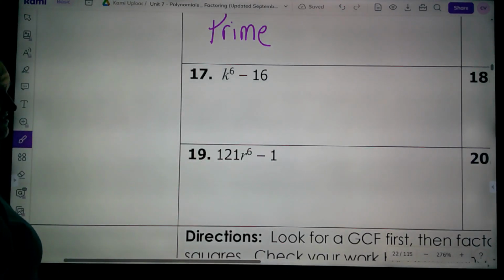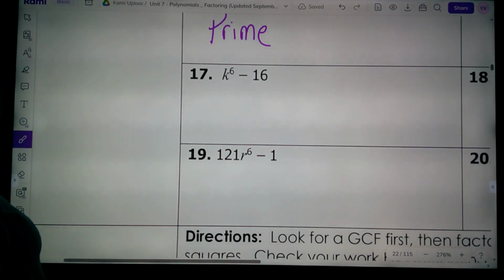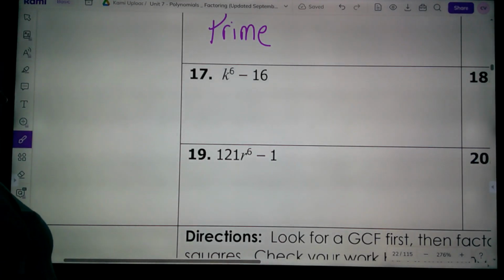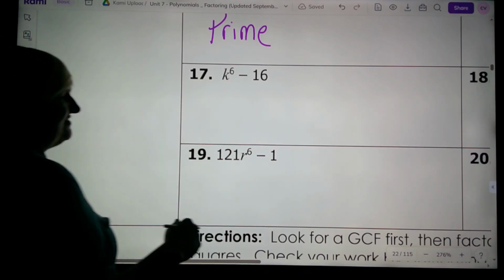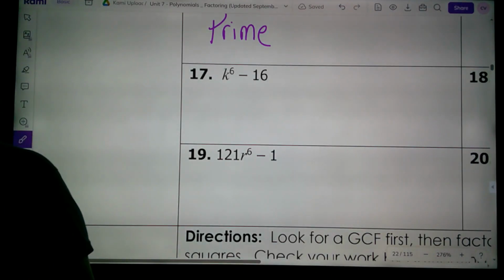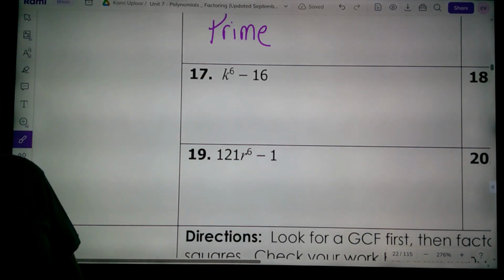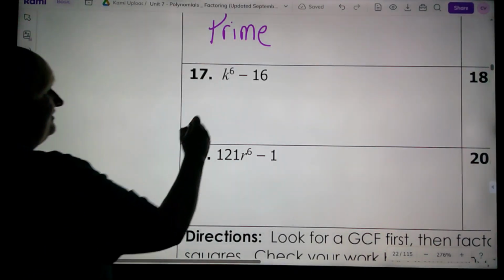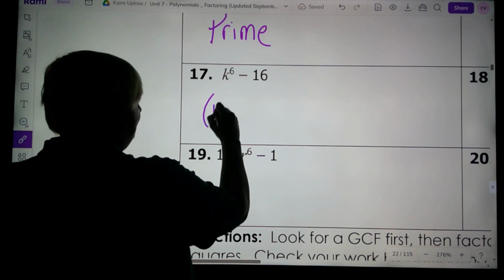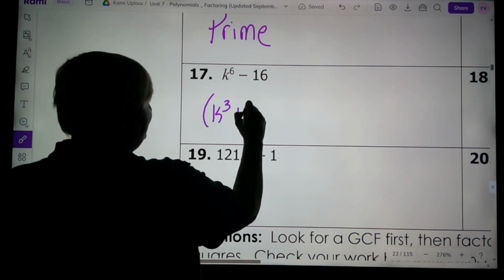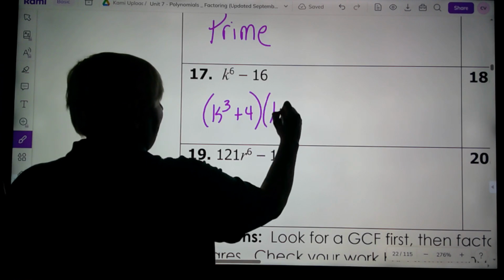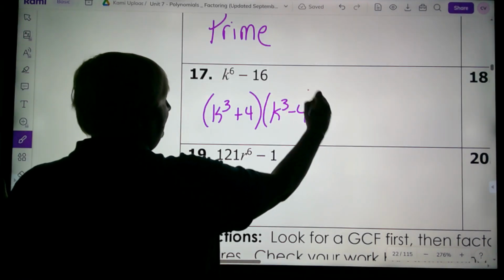k to the 6th and 16. In order for it to be 6, I think we need it to be something squared. So k to the 3rd plus 4 and k to the 3rd minus 4.